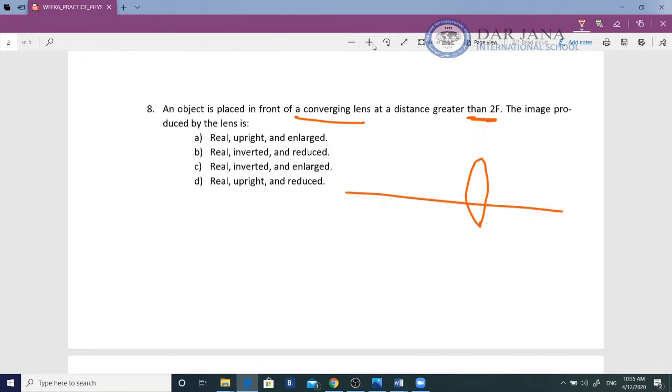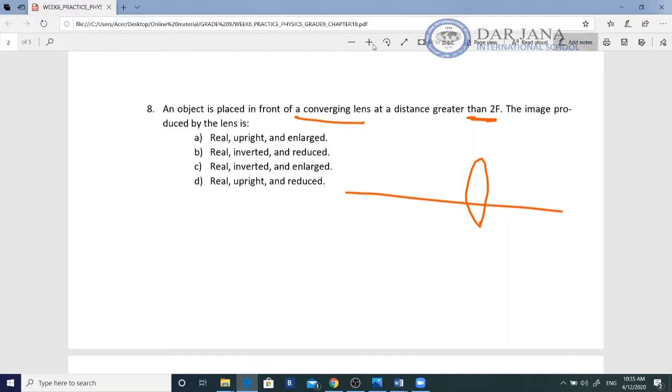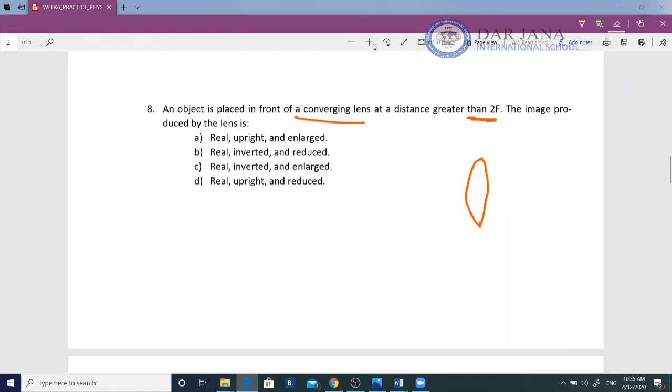So at a distance greater than 2f, so this is the lens. It's a converging lens. So here we have f, and here we have 2f. So the object is placed in front here. This is the front, that's the object XO.